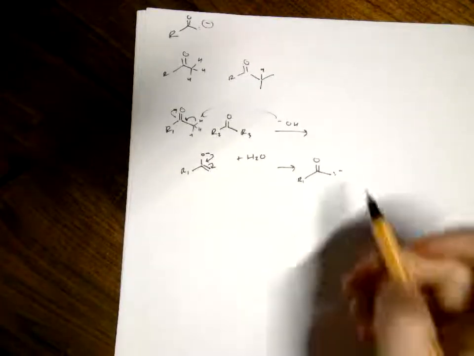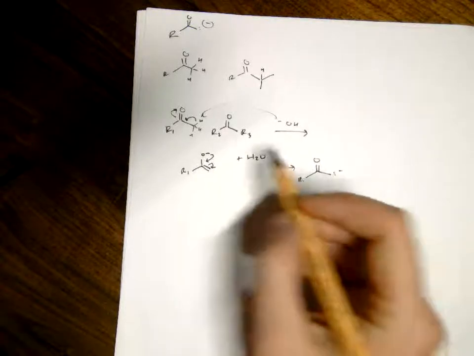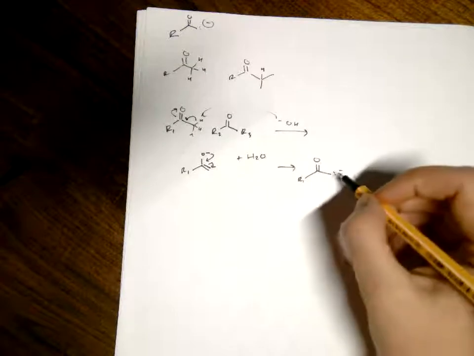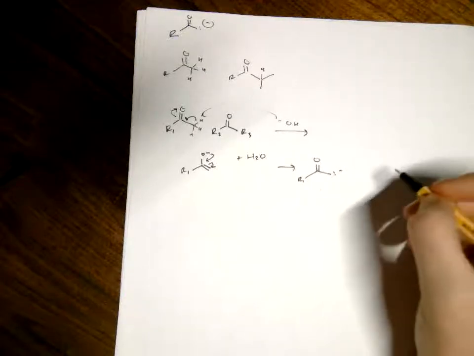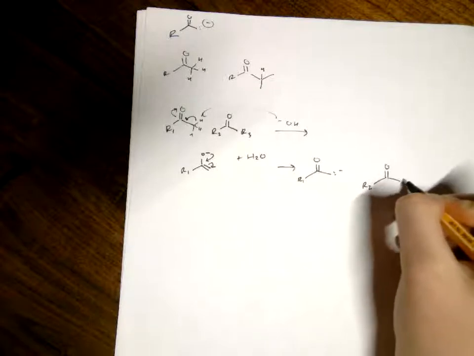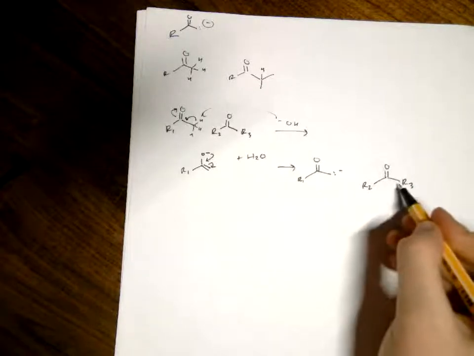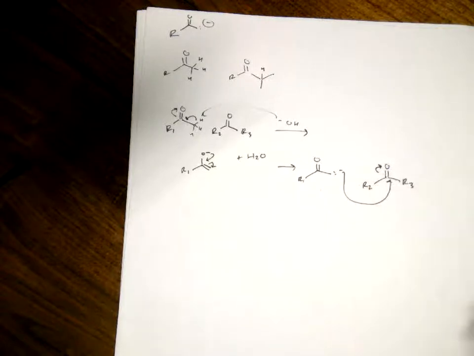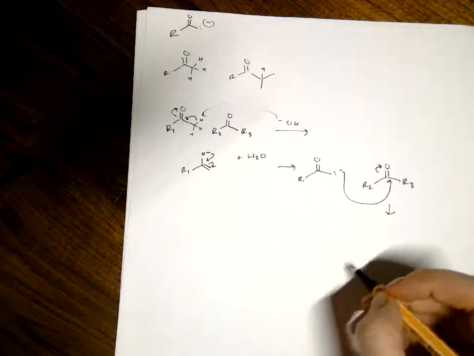And once you're used to this, I just hop straight into making my carbanion. And then that's going to attack here. So we'll come in and attack, and it'll kick up. You've seen that reaction happen over and over again.